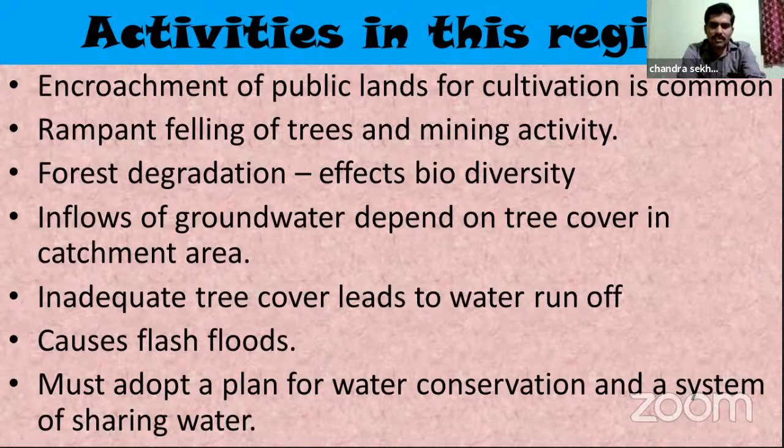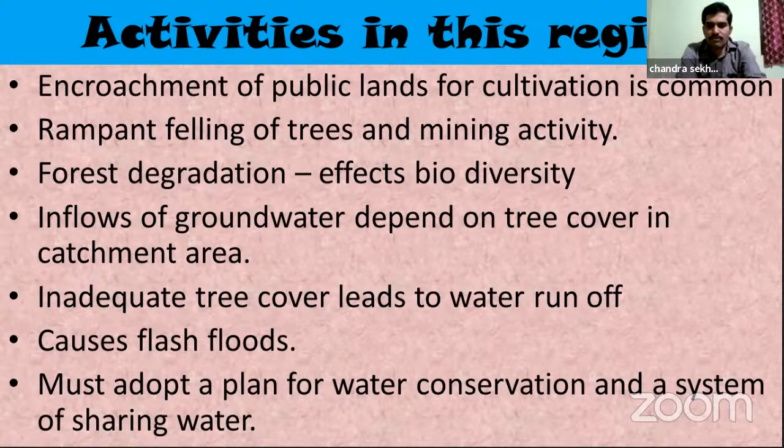Inadequate tree cover leads to water runoff. If we don't have trees on the surface, there is no chance for the water to percolate into the ground. That leads to depletion of groundwater also. Less tree cover also causes flash floods. Within less time we will experience more flood water.